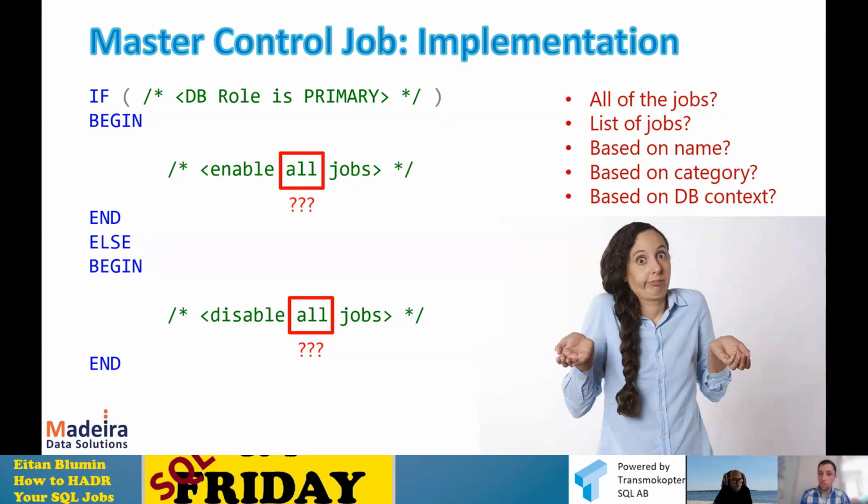Or maybe I could utilize their inherent database context, which is configured at the step level. So there are certain ways to approach this, and the best way might be, in my opinion, to use the database context of T-SQL steps to identify which jobs are relevant to which database.